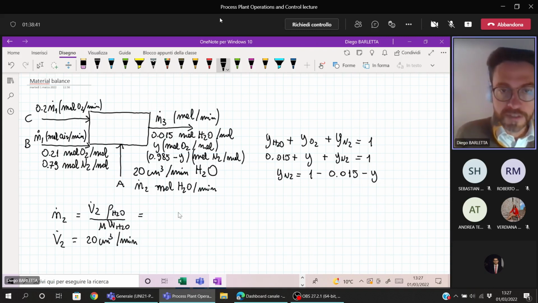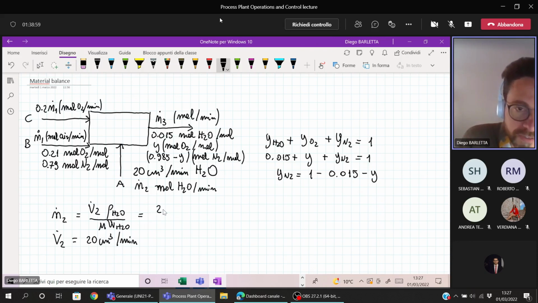We have to be careful with the units. In general, I prefer to use international system units, because in this way all the units are consistent. But this time, we keep these units, and we have to be careful. So 20 is okay, and let's report also the unit: cubic centimeter divided by minute.